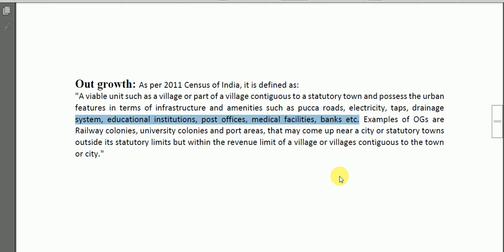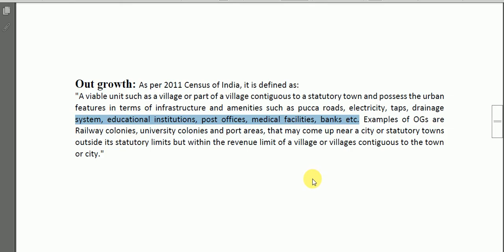These outgrowths cannot be an independent town. See, an outgrowth is an urban settlement contiguous to another urban area, like these statutory towns, census towns, or a city, and so it may possess all the urban characteristics, but it is not qualified as an independent town.